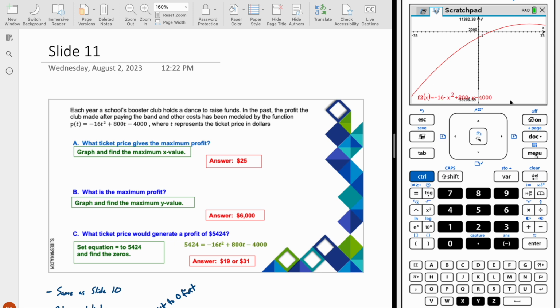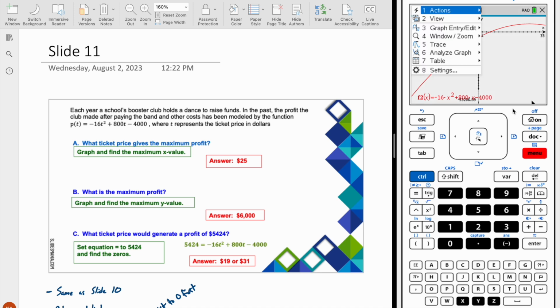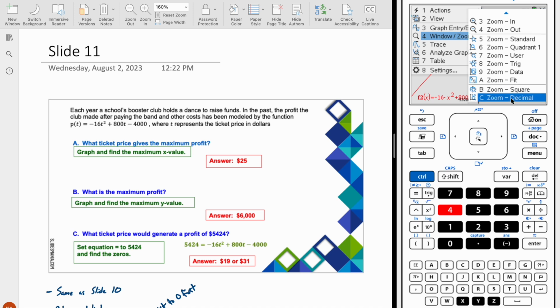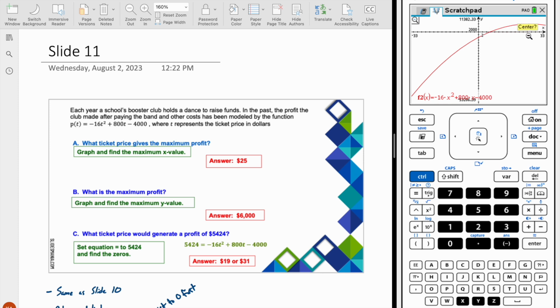Now, if this does not satisfy your needs, you can always go back, hit menu, 4, and let's say we go to zoom out. Keep in mind, you see how it says center, meaning it's going to zoom out from wherever you put this cursor and that be the center.